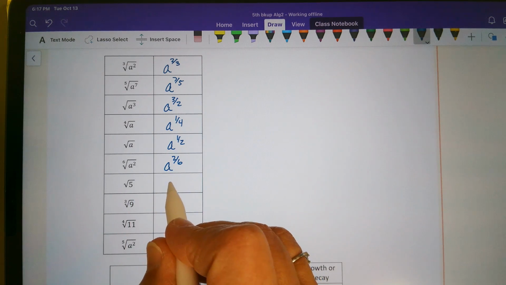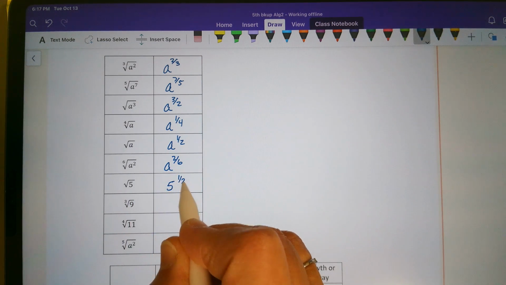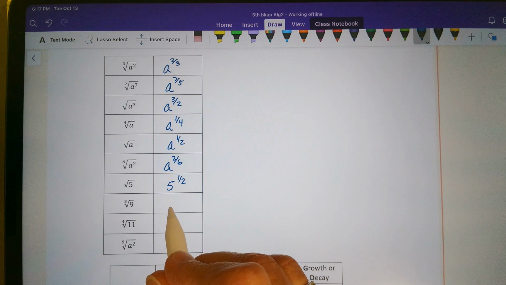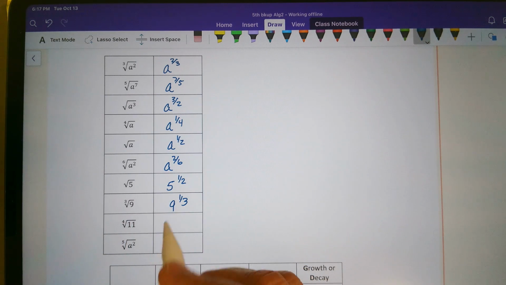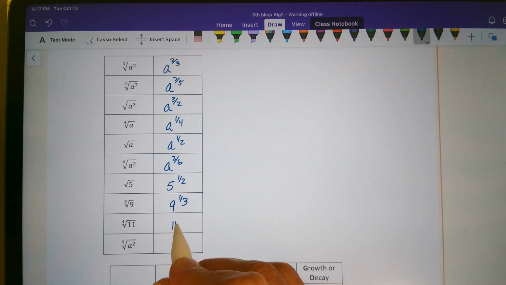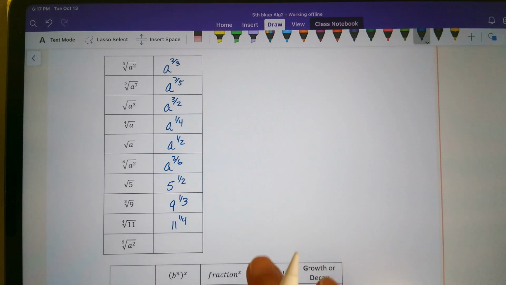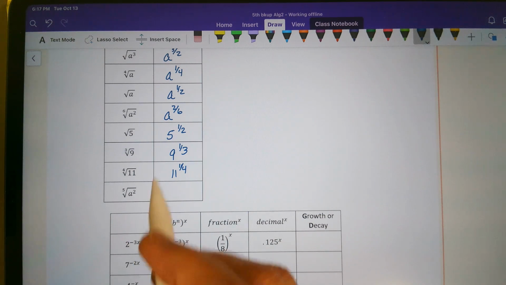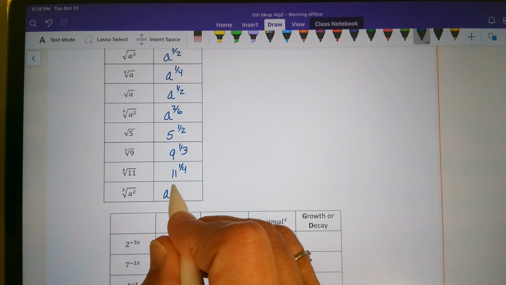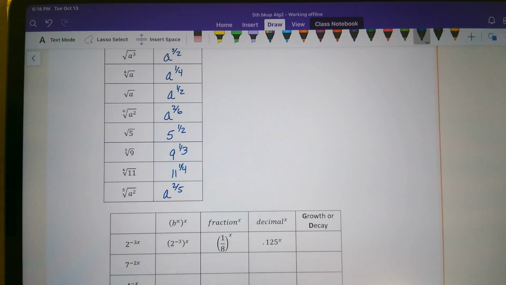The square root of 5 would be 5 to the 1/2. The cube root of 9 is 9 to the 1/3. The fourth root of 11 is 11 to the 1/4. The fifth root of a squared is equivalent to a to the 2/5.